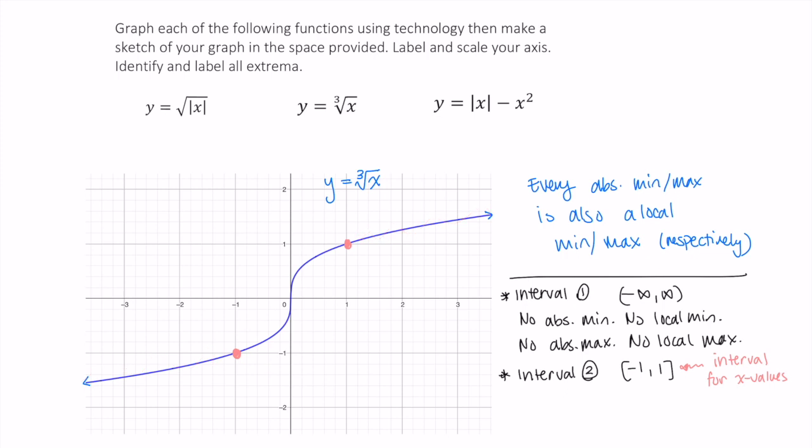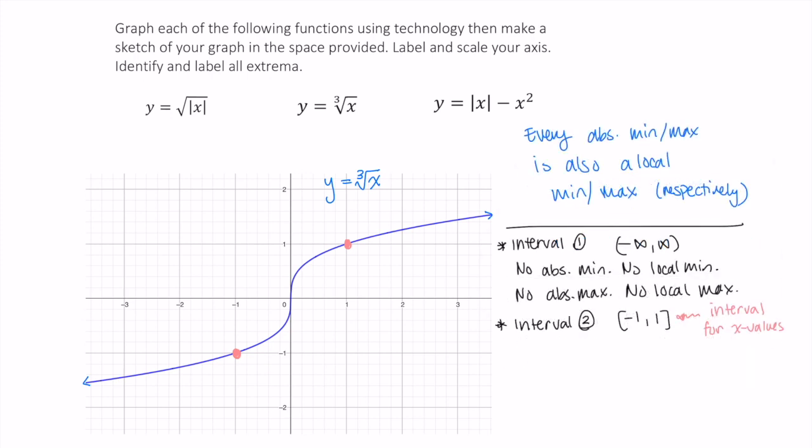So if we restrict the interval here, we suddenly do have an absolute minimum and an absolute maximum. Okay, you can see that I kind of moved things over to make some space, but now we do have an absolute minimum. It's right here. This is the absolute minimum point. So let's write that down.